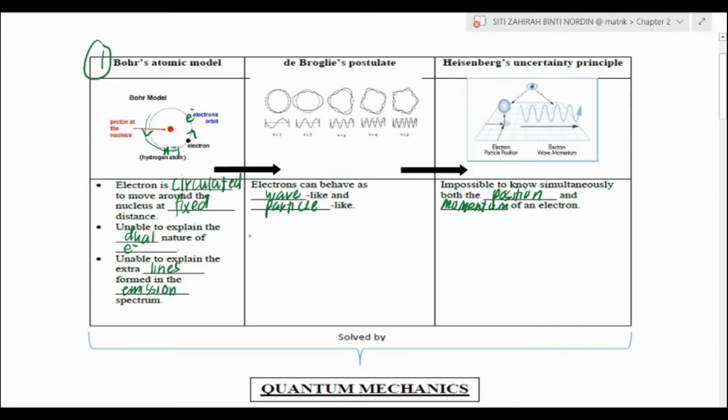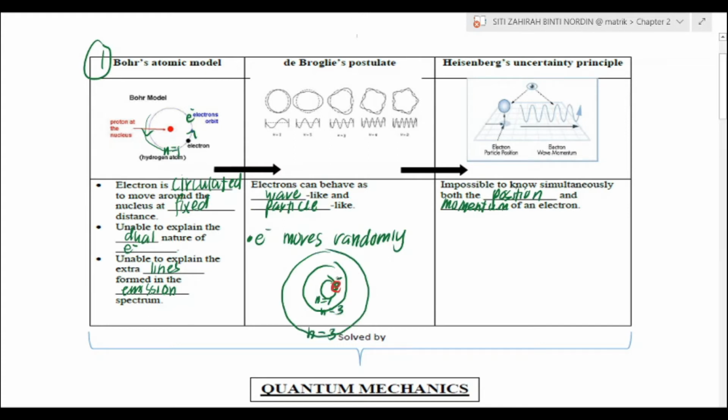This is because de Broglie said that the electron moves randomly. So instead of circulating around n equal to 1 only, this red electron, when excited or given energy, can move directly to n equal to 3 or move to n equal to 2. That's why Heisenberg said that it is impossible to know both the position and momentum of an electron.